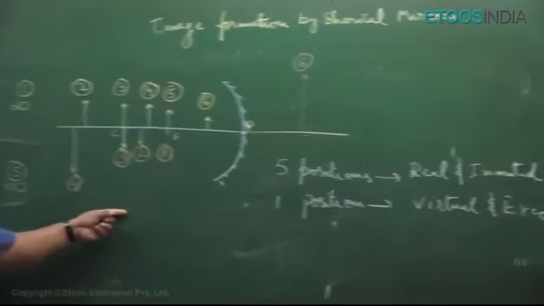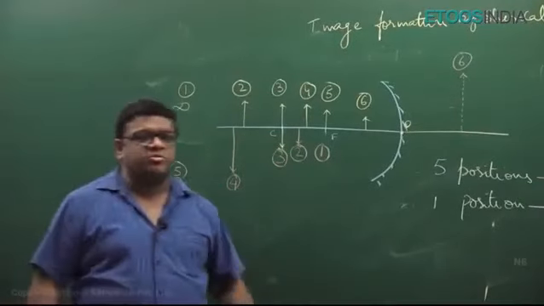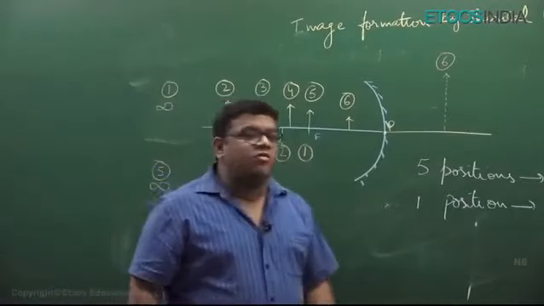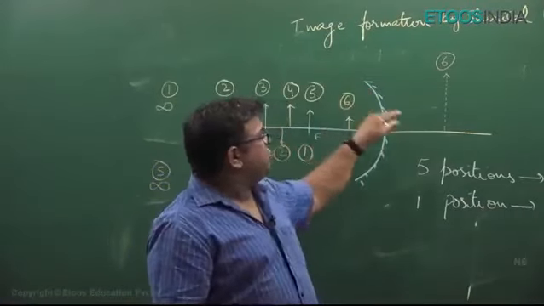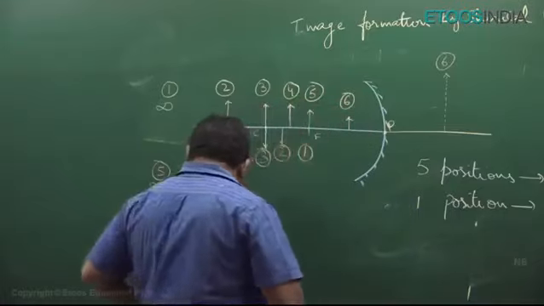You must have seen this, how it is going. I hope you have got this thing. Please note it down right now. So, till now what we have observed is image formation by concave mirror. Now I will tell you about convex mirror.